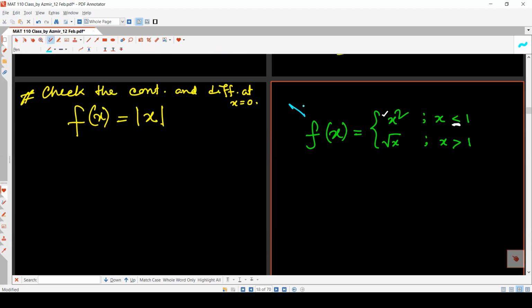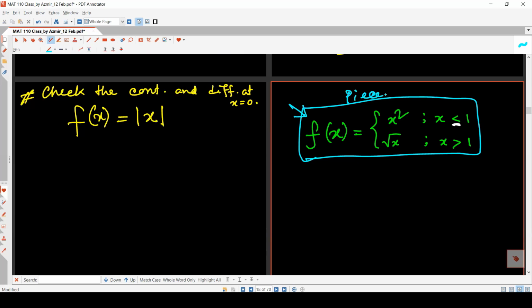Whenever we have checked the continuity and differentiability of the previous problem, you have seen that this function is given in piecewise form. We have L, we have E, we have R. So remember that absolute value functions can be simplified to piecewise functions.